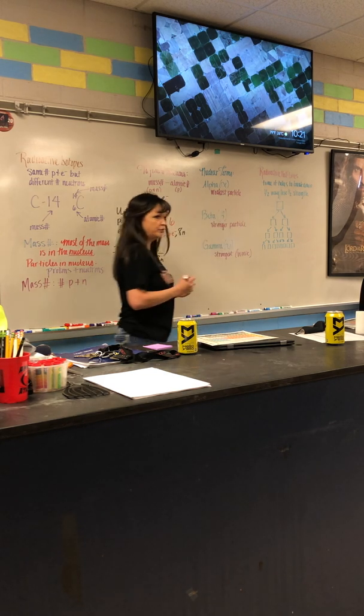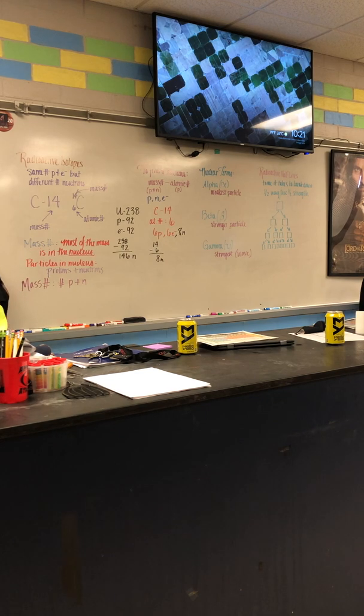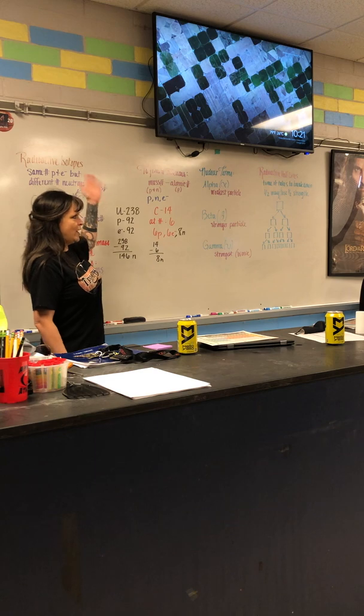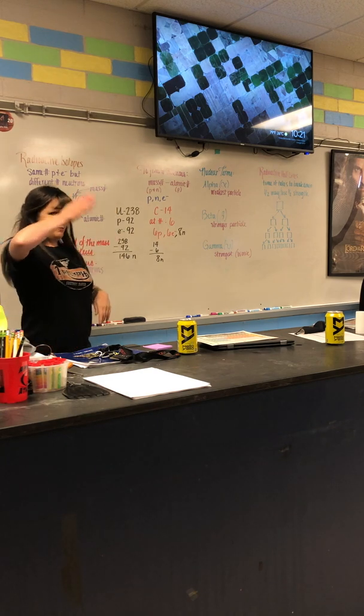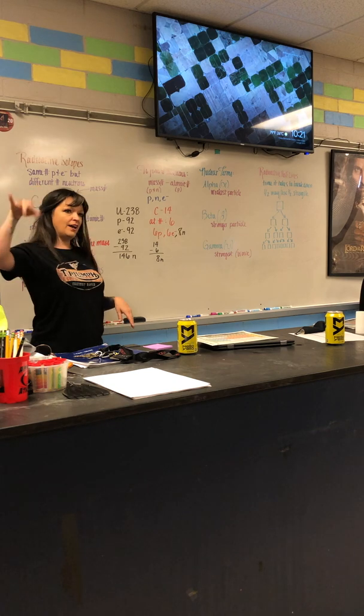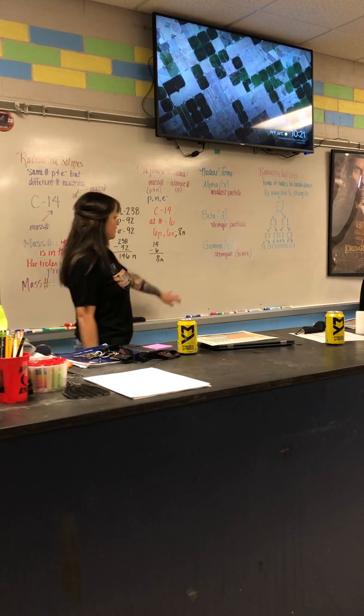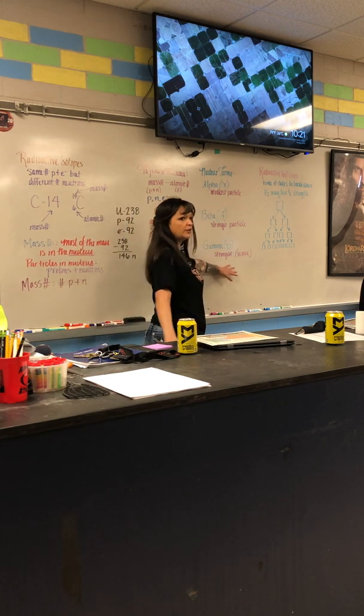Remember the electromagnetic spectrum I went over the first day of summer school? It was radio, microwave, infrared, visible light, UV, X-rays, and gamma. Gamma was the strongest. Gamma is only produced in a nuclear reaction.